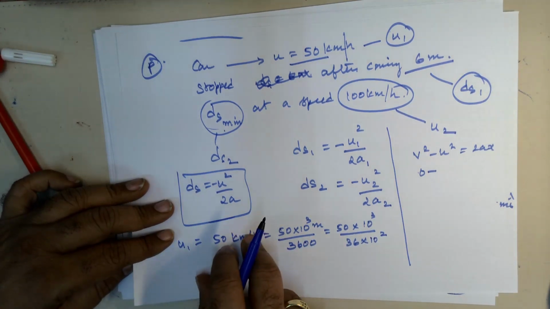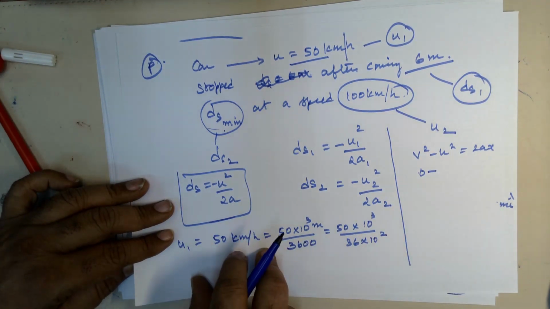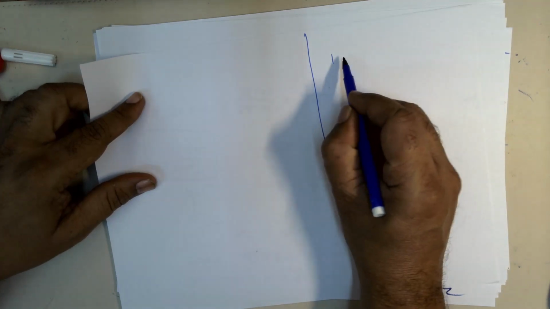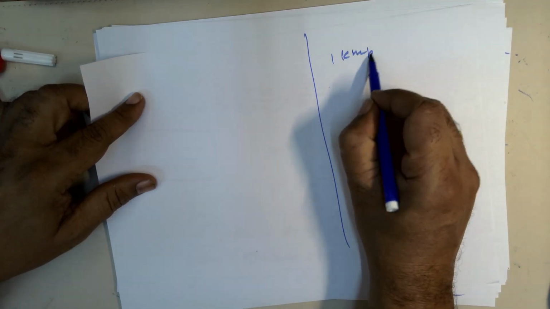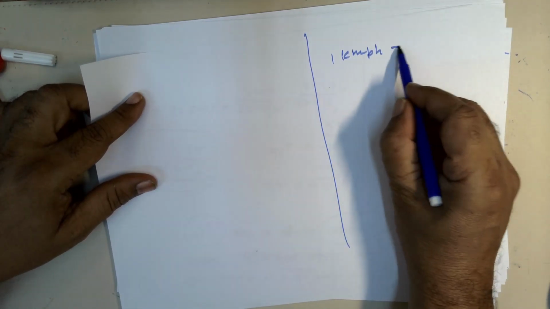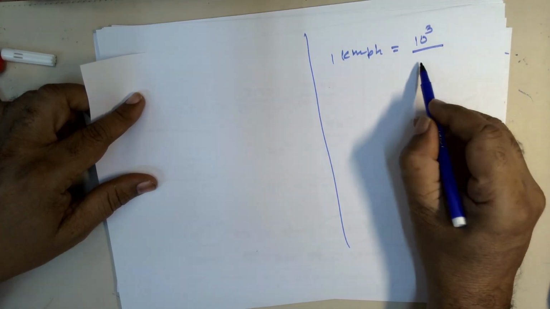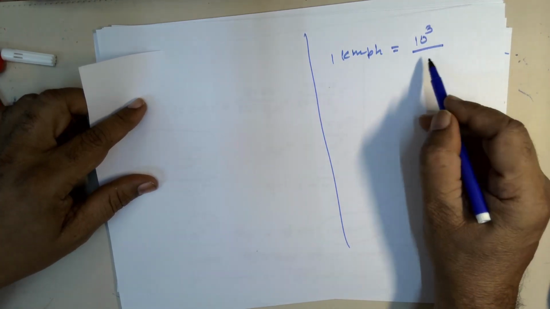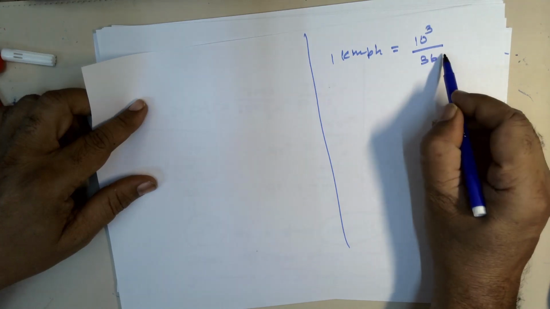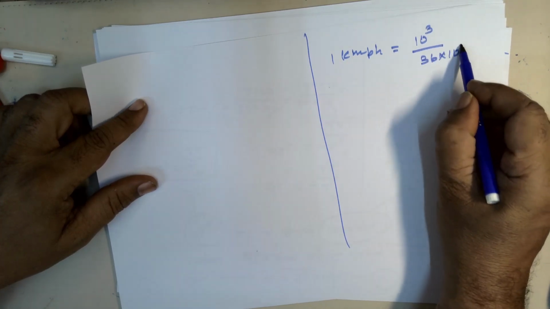Otherwise, you can introduce that fraction, the conversion factor. What is that? 5 by 18. Do you know that? Okay, let me explain. In order to convert kilometer per hour, what you can do, that is 10 cube divided by 3600, that is 36 into 100 seconds.